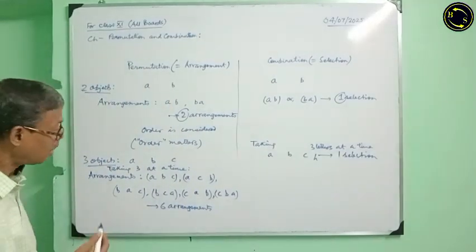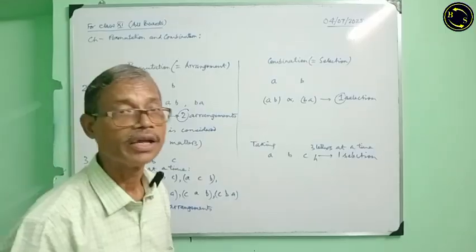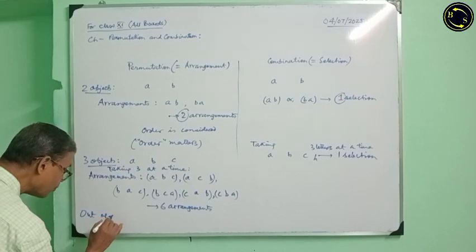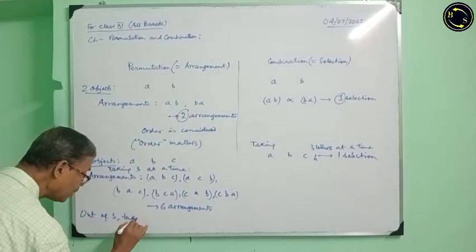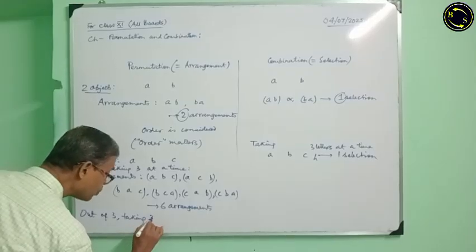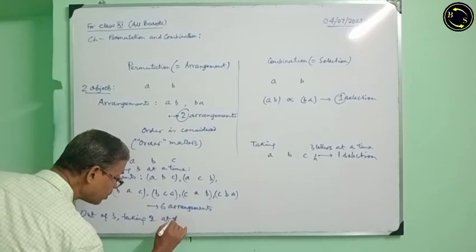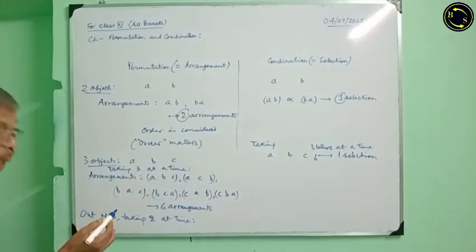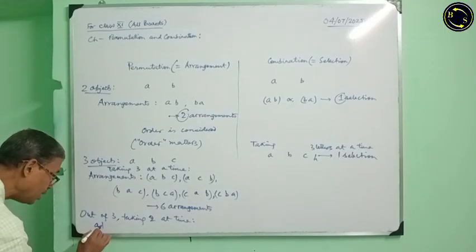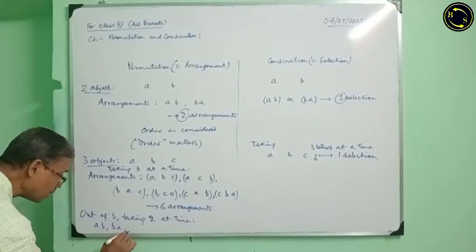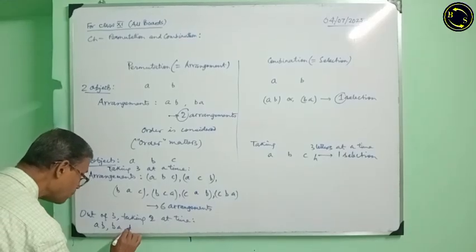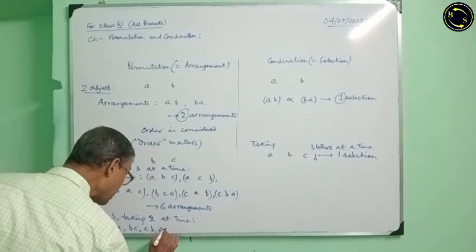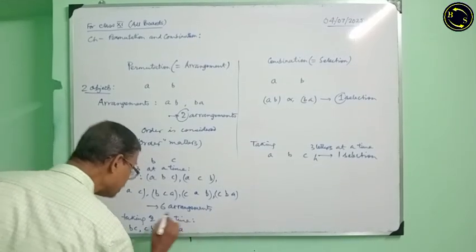Now we consider out of these three, we are taking two at a time. Then the arrangements will be like this: AB, BA, BC, CB, AC, CA.